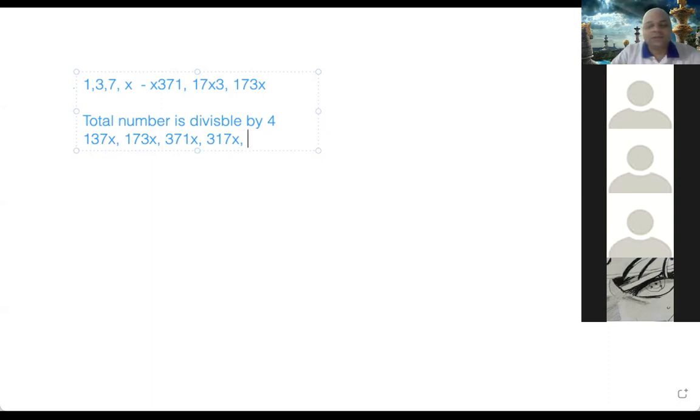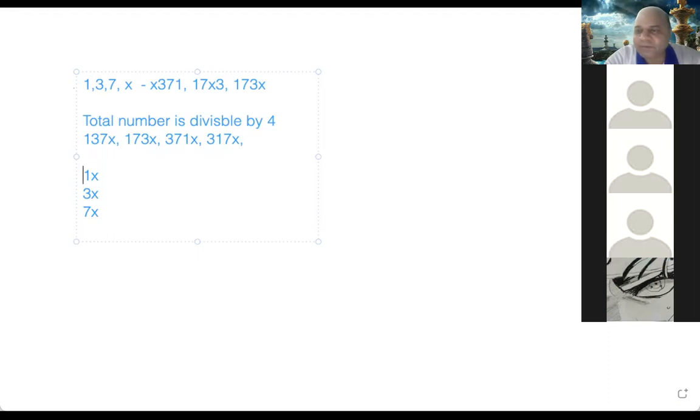Now, the second thing that you check is, in all these numbers, the last 2 digits will be either 1X or 3X or 7X, correct? Howsoever you place the digits, the last digit is X. The previous digit can be only one of the 3 that are given, 1, 3, or 7, right?